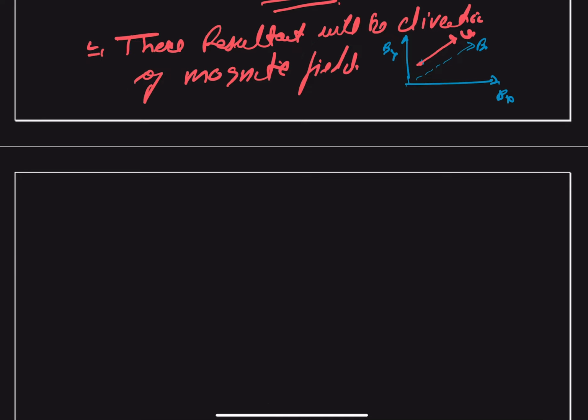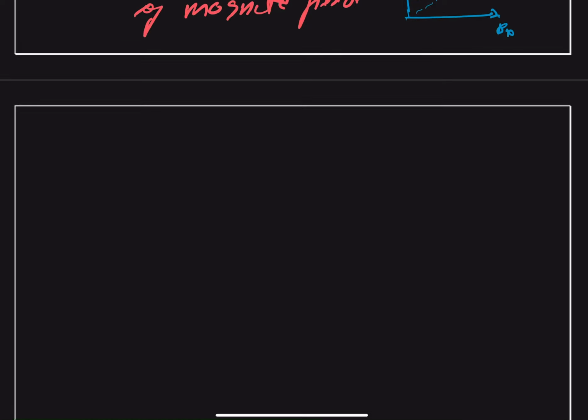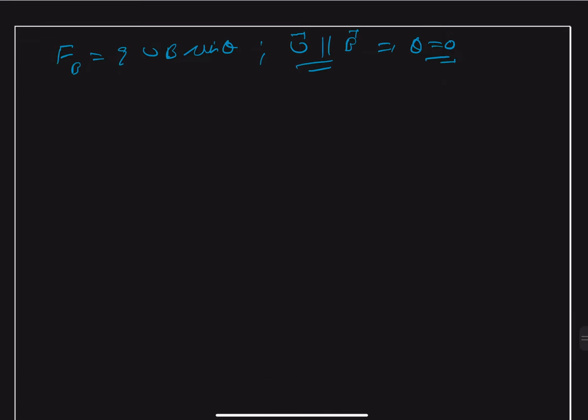and the magnetic force, that is our Fb, is equal to qvB sine theta, and here the velocity is parallel to our magnetic field. This gives us that theta is equal to 0, so thus our Fb will be equal to 0.